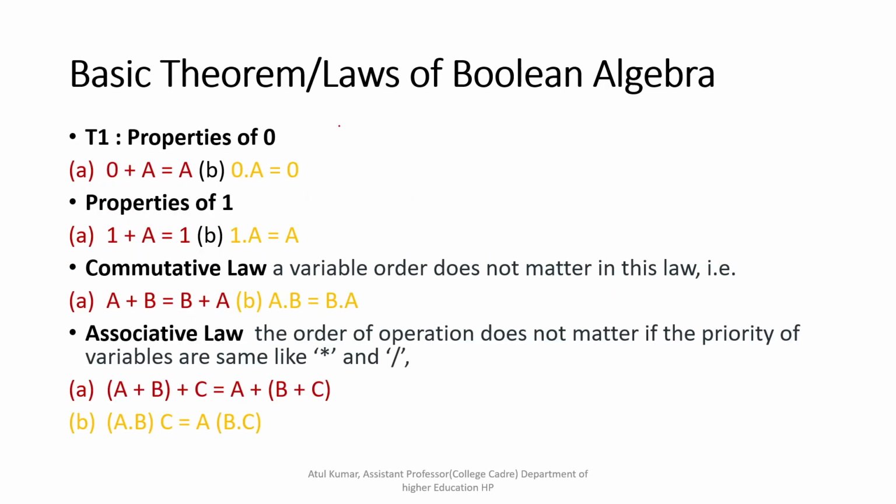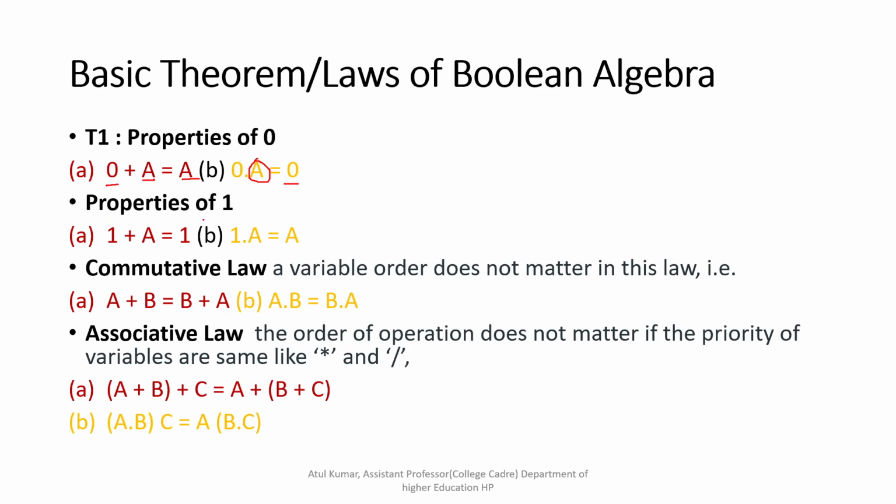There are some basic laws of Boolean algebra. The first law is properties of 0. When we OR 0 with a, the result is a, and 0 dot a, that is, when we AND 0 with some Boolean variable, the result is 0.